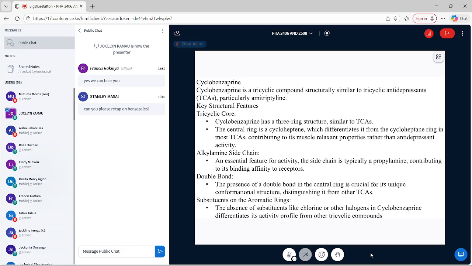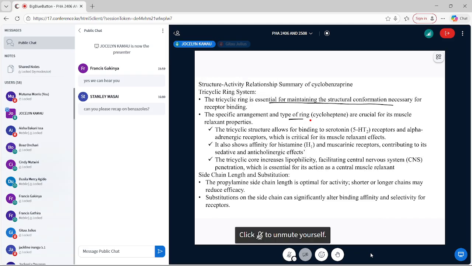I think what we need to add there is: cycloheptene with an endocyclic double bond at position 10, 11, and an exocyclic bond at position number 5. So kindly add that there for me, as they are crucial for its muscle relaxant property.